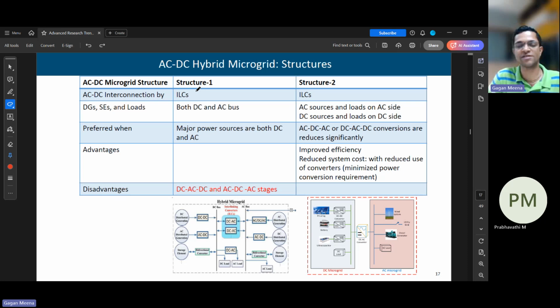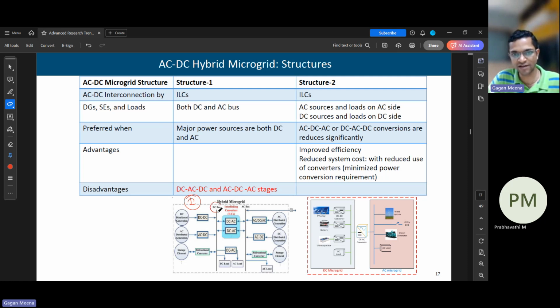There are two structures for AC-DC hybrid microgrid. One is where the AC loads, AC source, DC loads, and DC source are there on both sides, on the AC side as well as on the DC side, which you can see here in structure one.